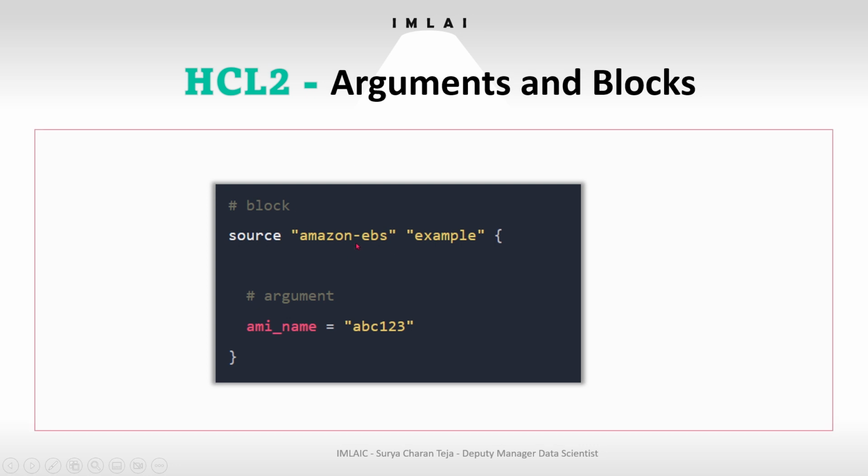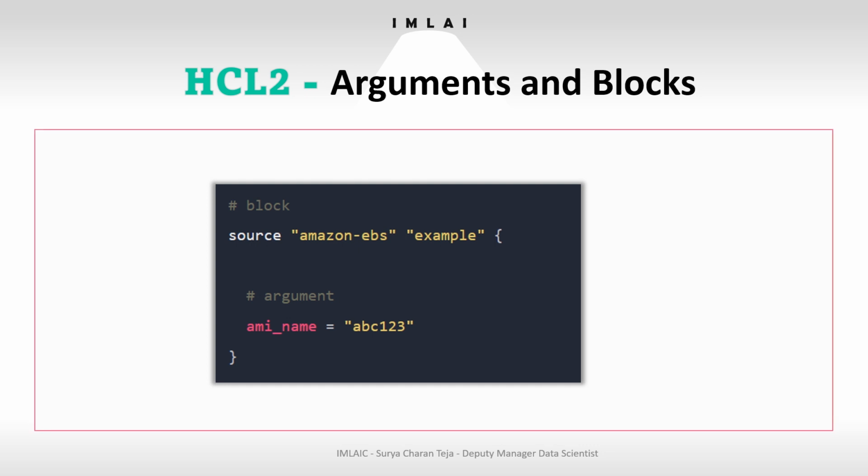Amazon EBS is one label and example is another label inside that block. The block opens with curly braces, and inside that you will have an argument. So AMI name is the argument. This is basically similar to Terraform, because even Terraform uses the same language, the HashiCorp configuration language, HCL.